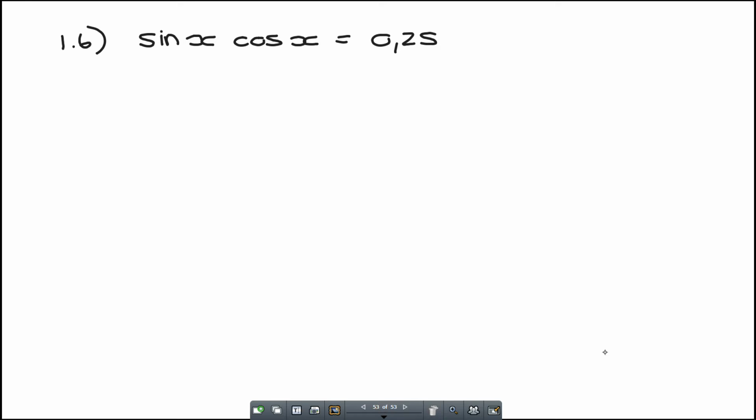Of ek kan net sê hierdie is die helfte van, nee, ekskuus. Verkeerde plek geskryf. Of ek kan net sê dit is die helfte van sin 2x. Nee. You guys good? Meaning I only want half of that.